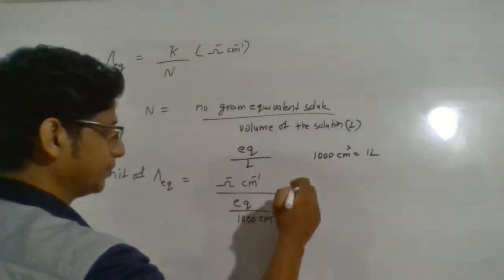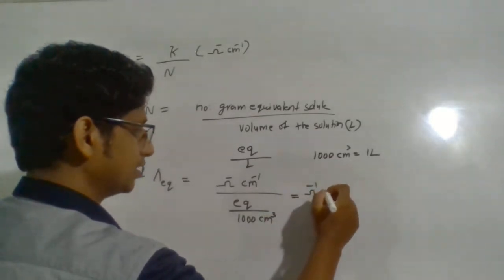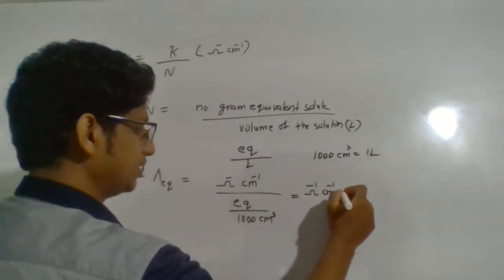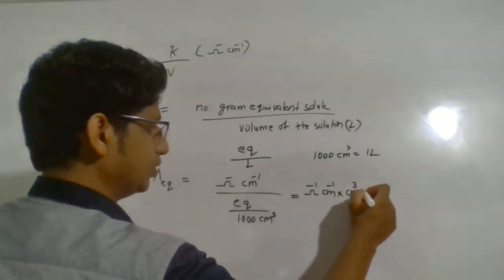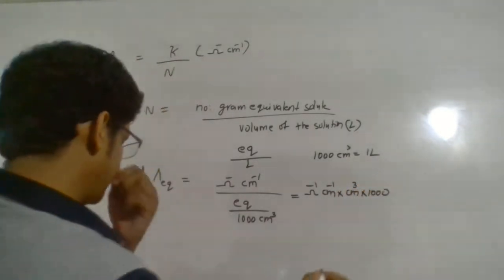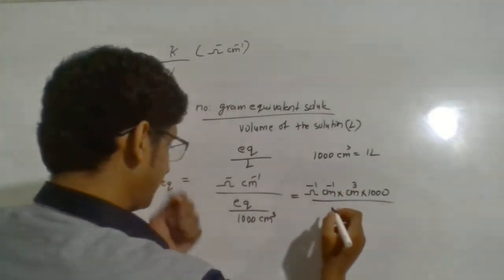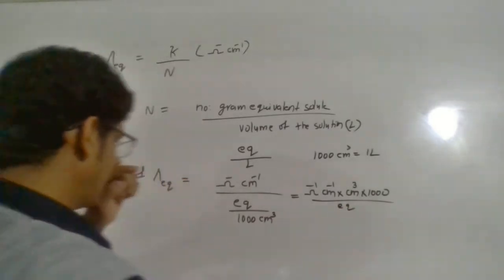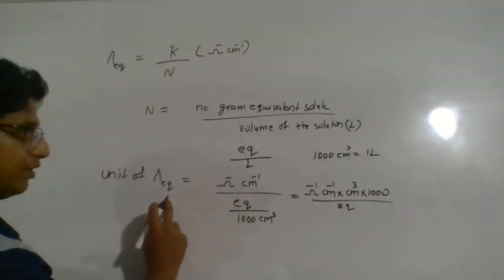So this will come upwards, you will get ohm inverse centimeter inverse into centimeter cube into 1000 divided by equivalent. So we got a unit for lambda equivalent.